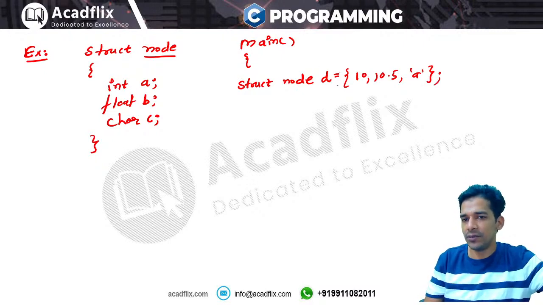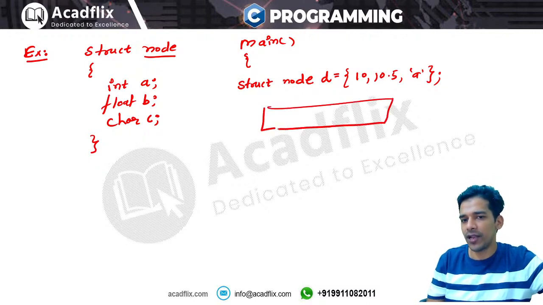आप इनको इंडिविजुअली भी इनिशलाइज कर सकते हो. You can say d equals to 10, then d equals to 10.5, d equals to a. Like this also you can initialize this. Now the memory is allocated to the variable d. Okay, now variable d will be allocated memory, and in this variable d we have three members: an integer type member, a float type member, and a character type member.